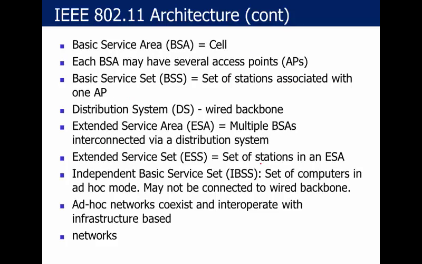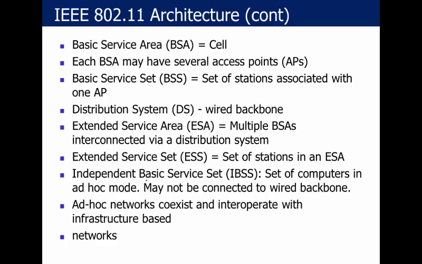So we looked at that. Basic service set is a cell: a set of stations associated with one AP, access point. Distribution system, extended service set. Independent basic service set, IBSS: a set of computers in ad hoc mode, as independent.